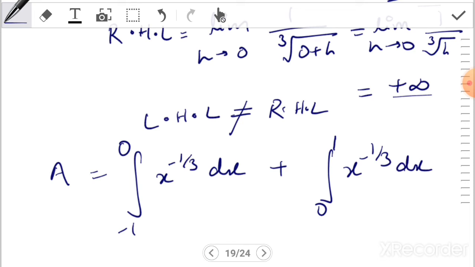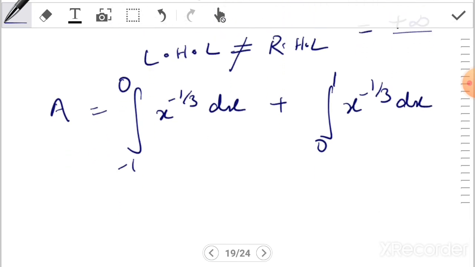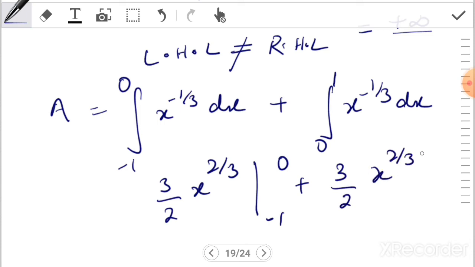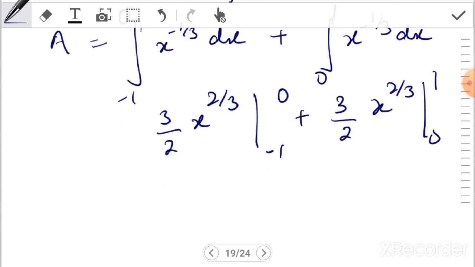Right? Okay, now this is 3 by 2 x raised to the power 2 by 3 from minus 1 to 0, plus 3 by 2 x raised to the power 2 by 3 from 0 to 1.